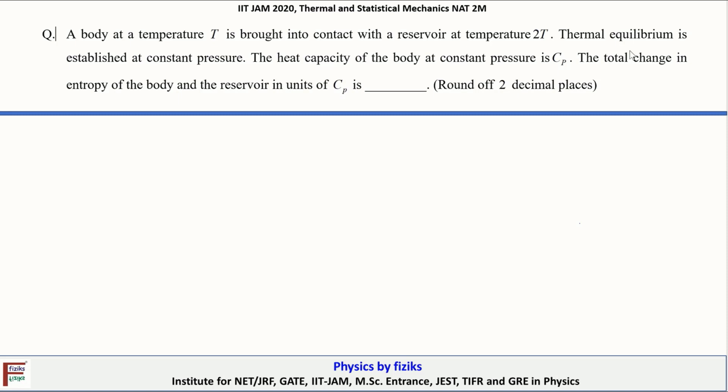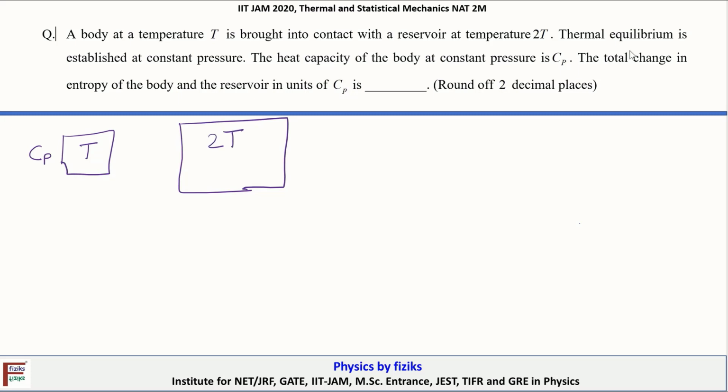So what we are given is a body which is at temperature T, and its heat capacity is also given to us, it is Cp. Now it is brought in contact with a big reservoir which is at temperature 2T.